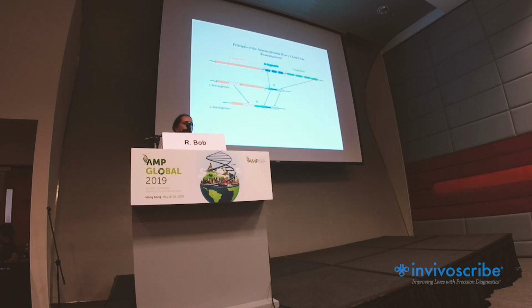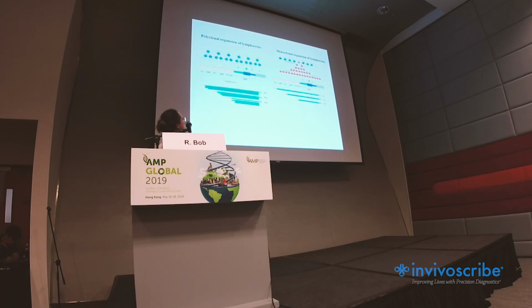I do not want to talk about technical details, and also I don't talk about molecular base. I don't show the curves here. I just want to talk about what is very practical in daily diagnosis. We know it's all about the rearrangement of immunoglobulin and T cell receptor genes by selecting V, D, and J segments for each individual lymphocyte.